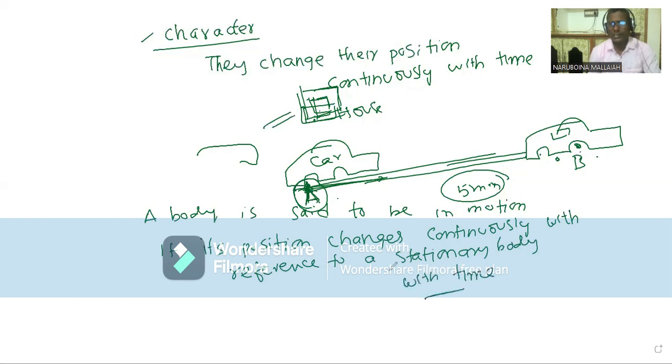So this is the definition for motion. The car is changing its position with time with reference to this house. This is motion.